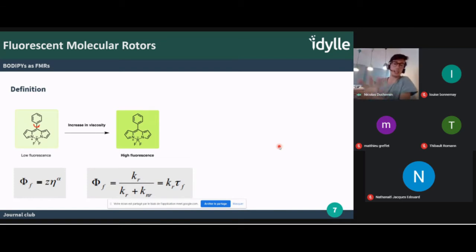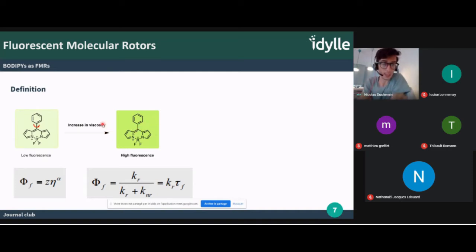The easy thing to see here: you have a low viscosity, therefore a high free rotation of the two units, low fluorescence. You increase the viscosity, you have high fluorescence because you definitely hamper the rotation.